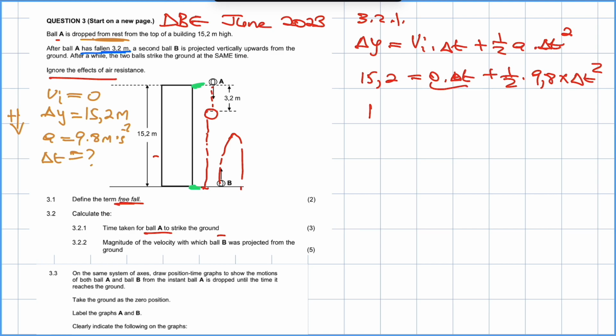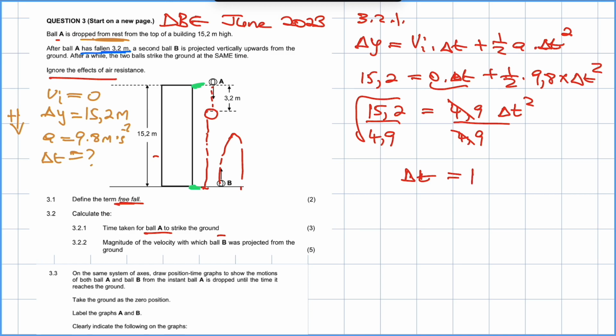So that is 0. So we have 15.2 equals 4.9, half of 9.8, times t squared. And then we divide both sides by 4.9, and we just get the square root of 15.2 over 4.9. That will give us the time. So in that case, we'll get 1.76 seconds.